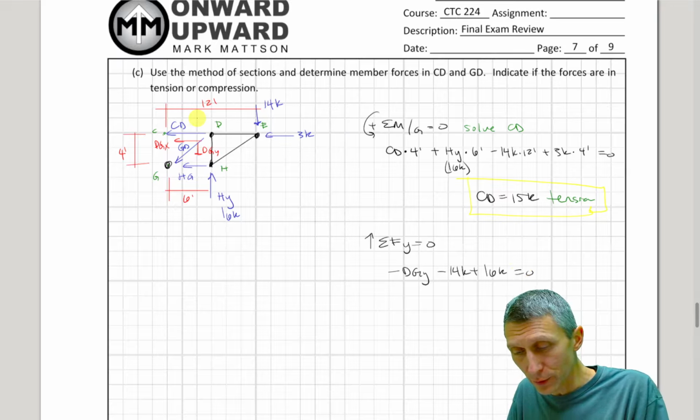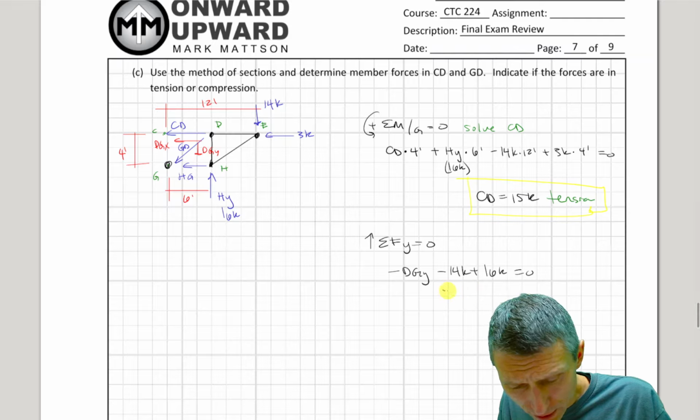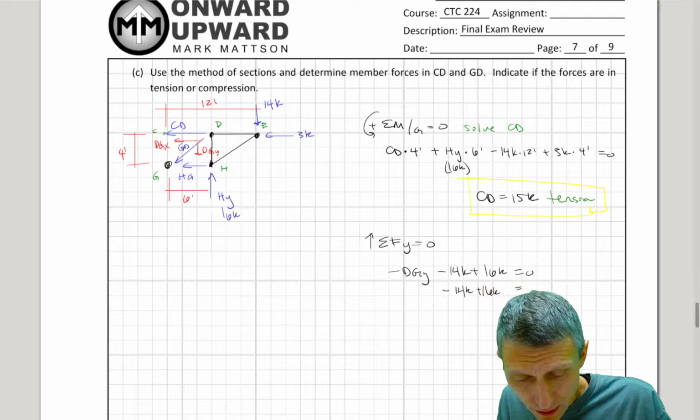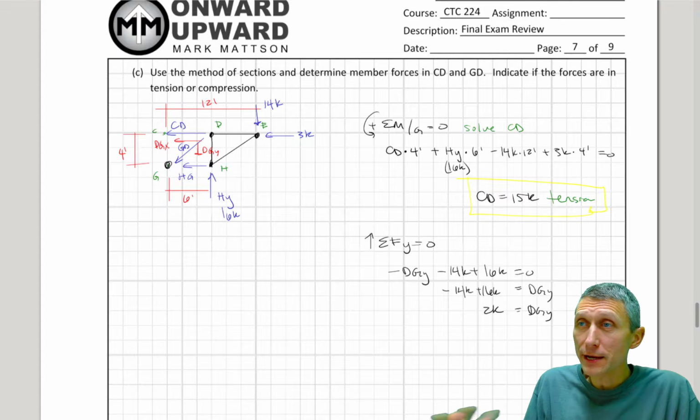So I'm just adding all the forces in the y direction. So DGY, HY, and 14. And what I get here is if I add DGY to the other side, minus 14 kips plus 16 kips equals DGY, and DGY equals 2 kips. Okay? So there we have it.